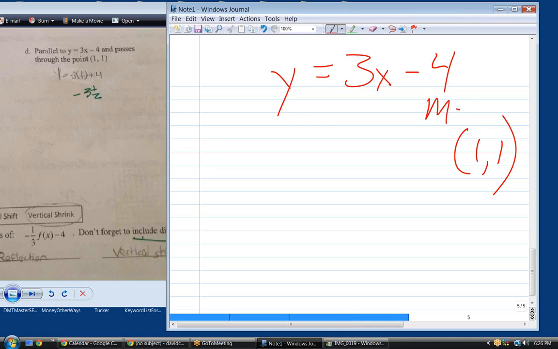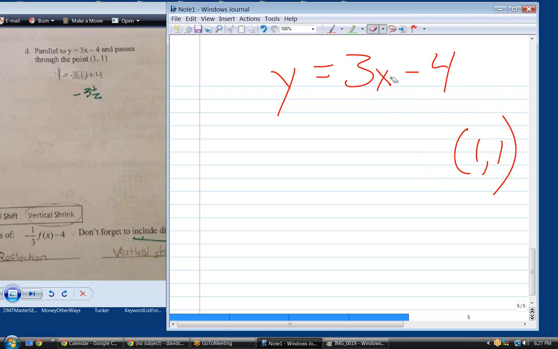Means the slope is the same. That's what parallel means, is the slopes are the same. So they basically told me, okay, you have a slope of 3 and a point of 1, 1. We know how to do that, right? Yes.